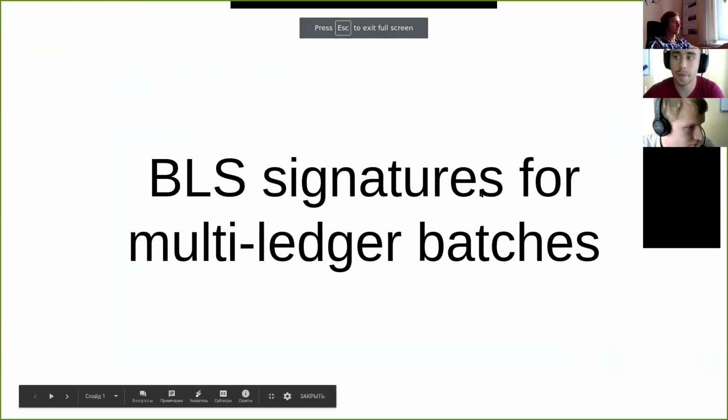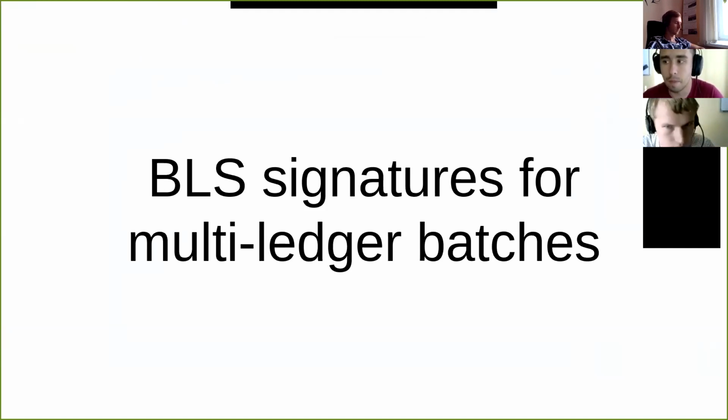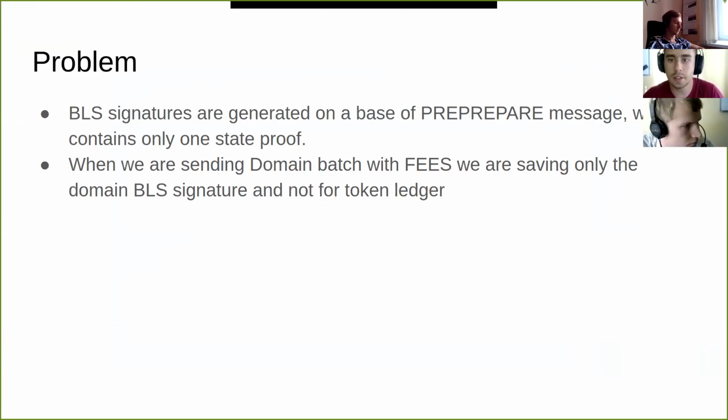So we had an issue with BLS signatures and state proofs for batches when we update multiple ledgers at once. So what was the problem? BLS signature is generated right now on the basis of the pre-prepare message, which contains right now not a state proof, but only one signature for the main ledger of this transaction.